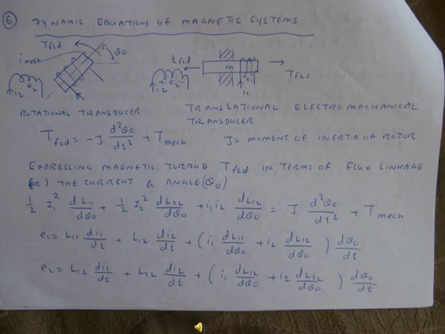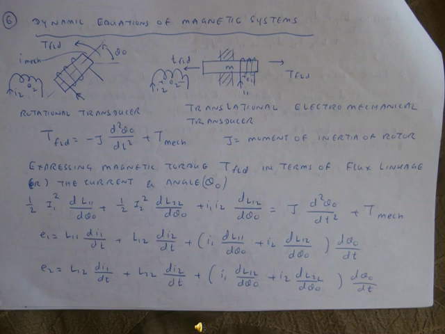So based on this equation, we write down the equation. The electromagnetic flux in the field is producing the mechanical torque. In the meantime, acceleration can also happen. Therefore, TFLD equal to minus J d2 theta 0 by dt square plus T mechanical.